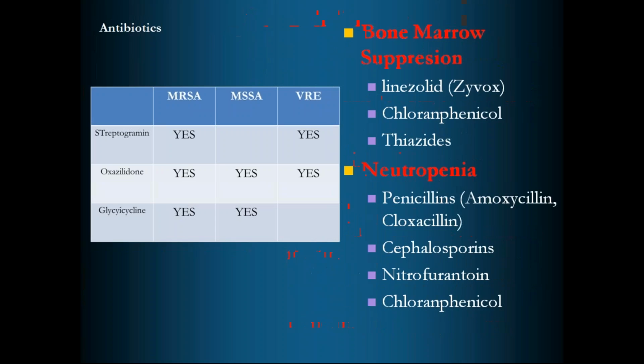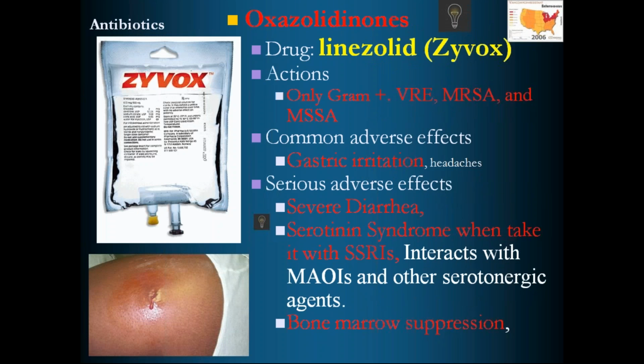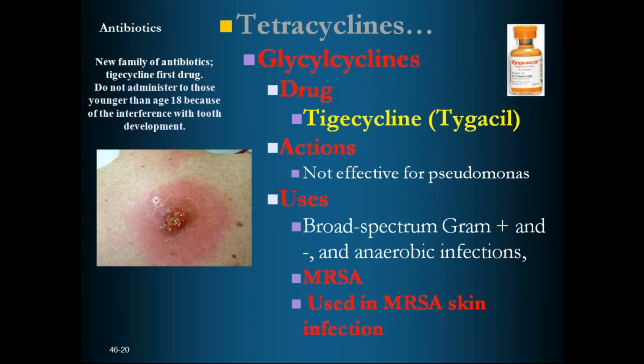All right, so let's keep going. Zyvox is a very common drug nowadays to use, so you need to get familiar with that. The glycylcycline, just to remember, tigecycline is a tetracycline, okay? And all these weird names that are coming lately are mostly used for MRSA.